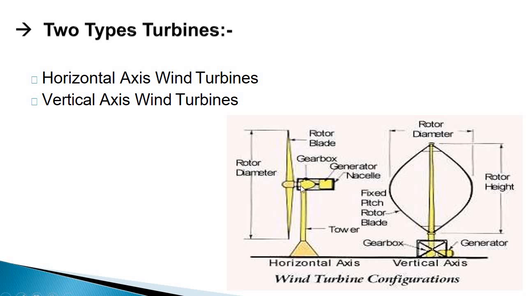Everything is installed on this rigid tower, and this tower is fitted or grounded, or foundation is done on the ground. The yaw control mechanism is used to adjust the pitch or the angle of these blades.